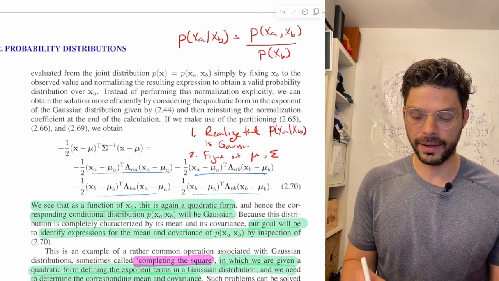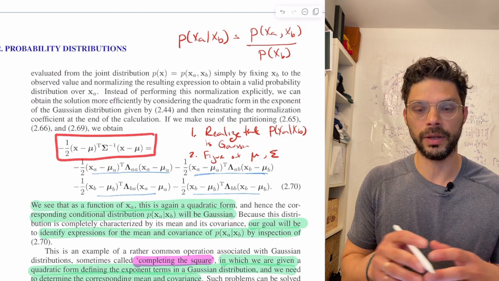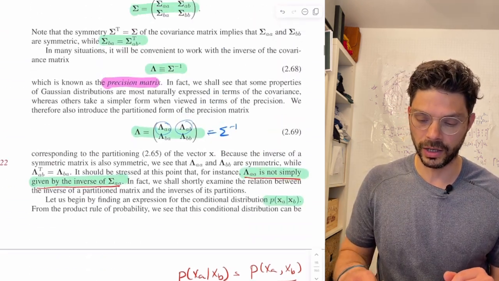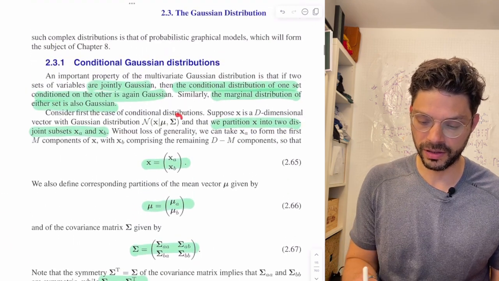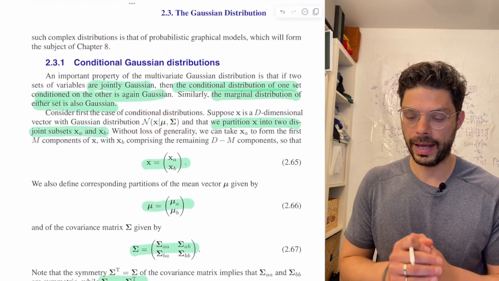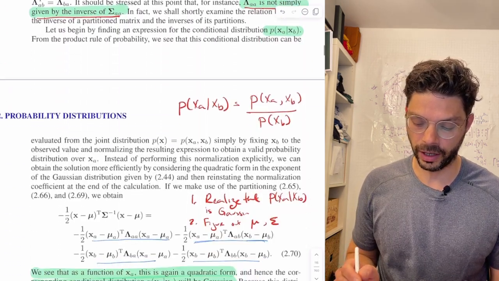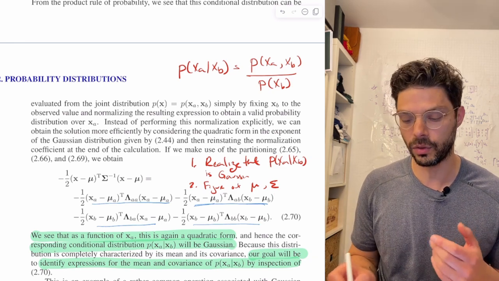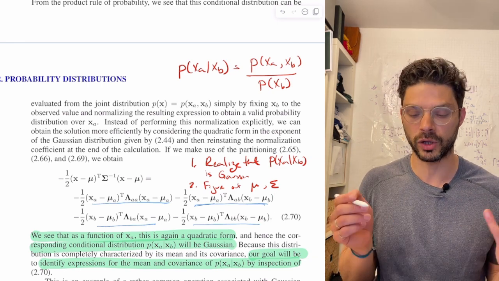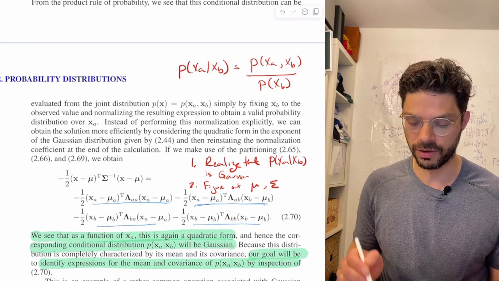We've just expanded this term in the joint distribution. So we've looked at P of x, which was this joint distribution, and we can see that it has this form. Now if x of b is constant, how does this look as a function of x of a? We see that it's still a quadratic form.